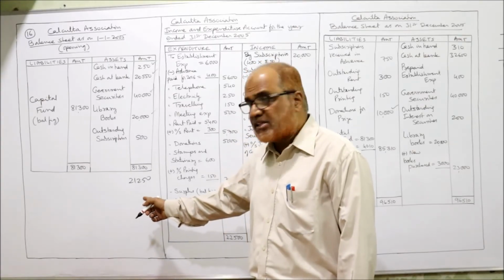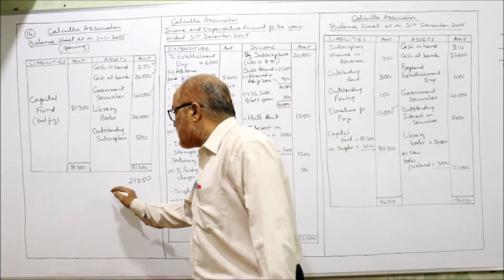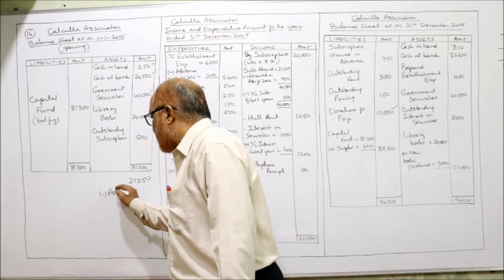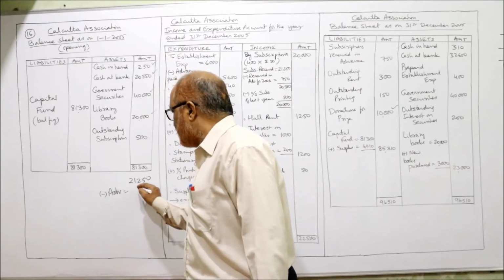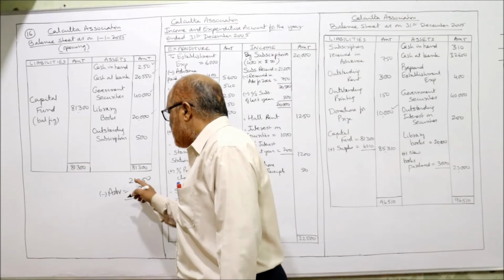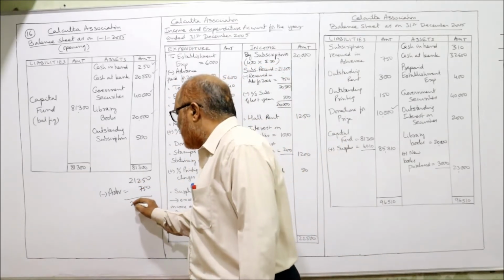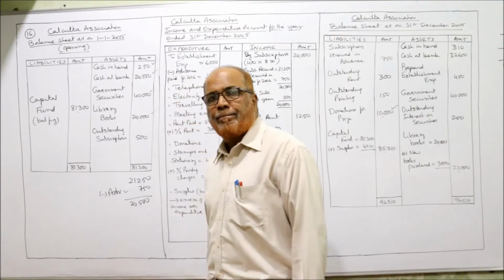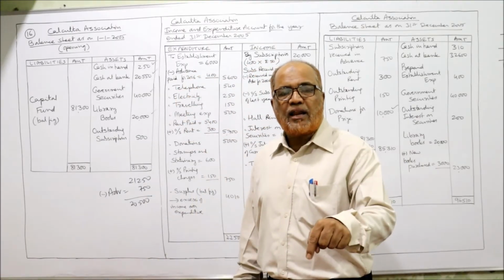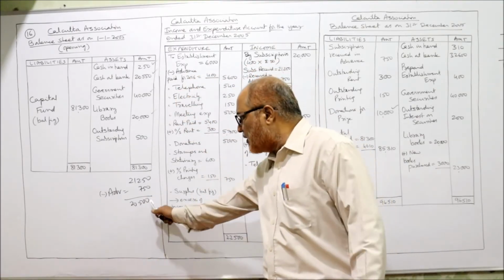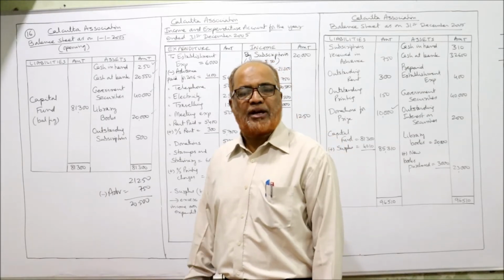This 750 is included here. So deduct the advance received for the next year, 750. From 21,250 deduct 750, we get 20,500. That means during the current year we have received 20,500 subscription, right?